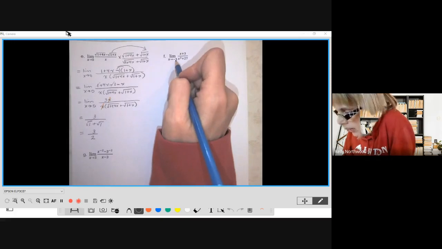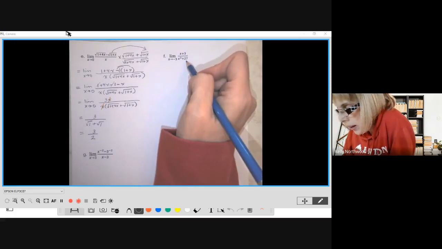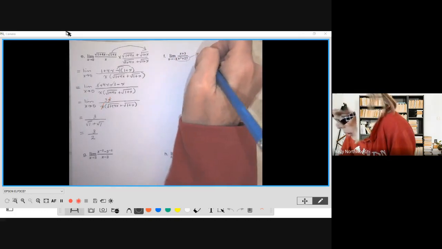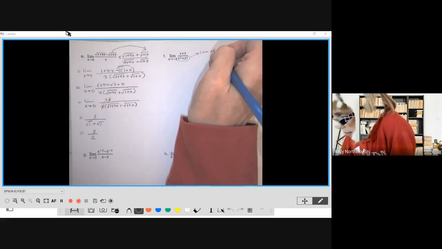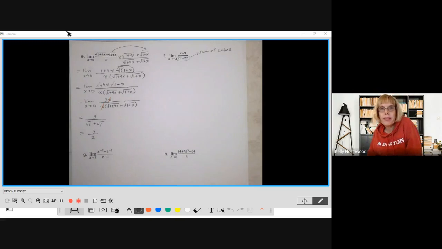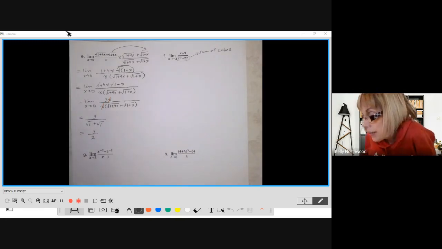Okay, F. Limit as x approaches -3 of x plus 3 over x cubed plus 27. So this x cubed plus 27 is a sum of cubes, which we just learned how to factor at the beginning in our warm-up. So that's what we're going to do.